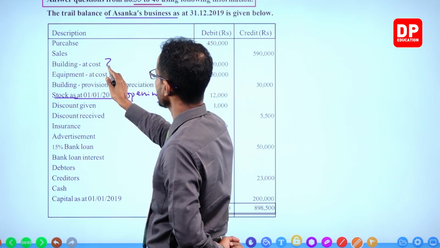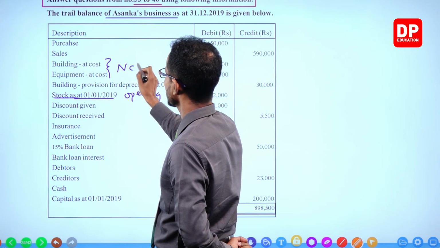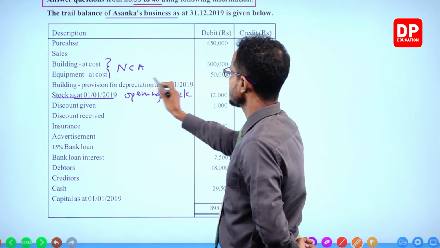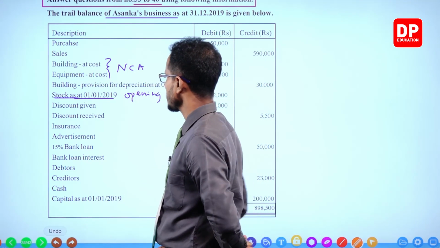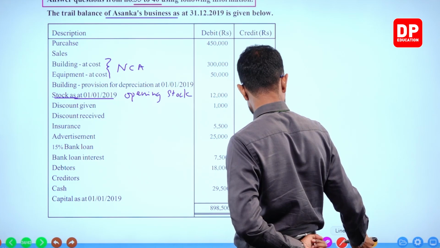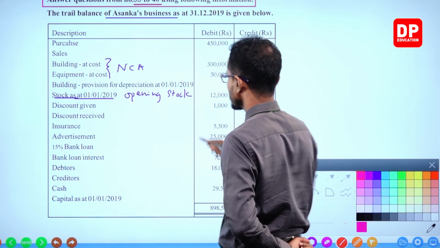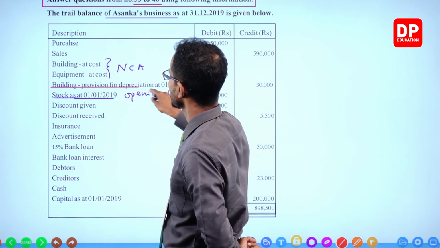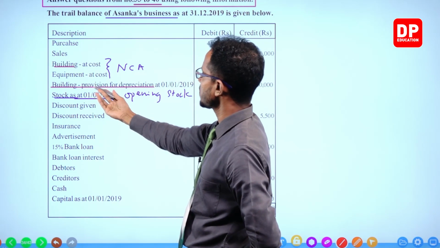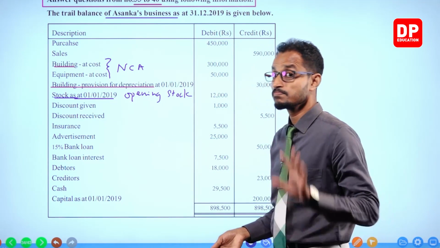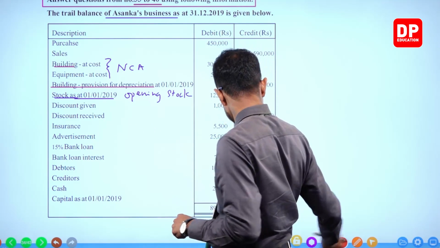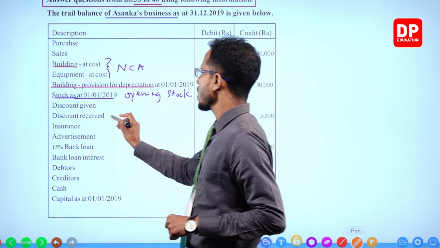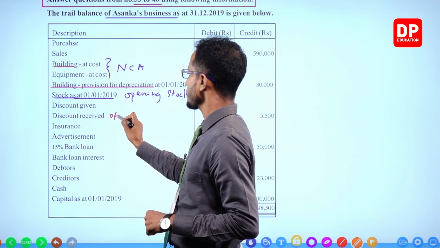These are non-current assets. This is depreciation, provision for depreciation. Building and building provision for depreciation. Note these things. Discounts given, discounts received. This is an income. Other income.